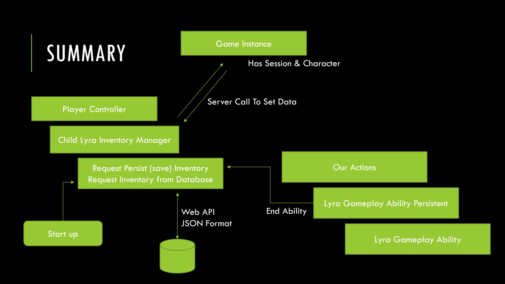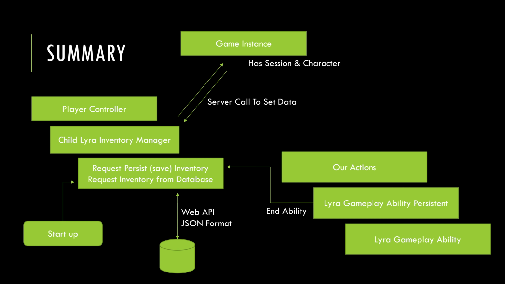That allows us to communicate back and forth with our game instance, which has our session ID and character, which are set when we log in. That child Lyra inventory manager uses the server function to pass that data from the game instance into its own server version of the inventory manager.